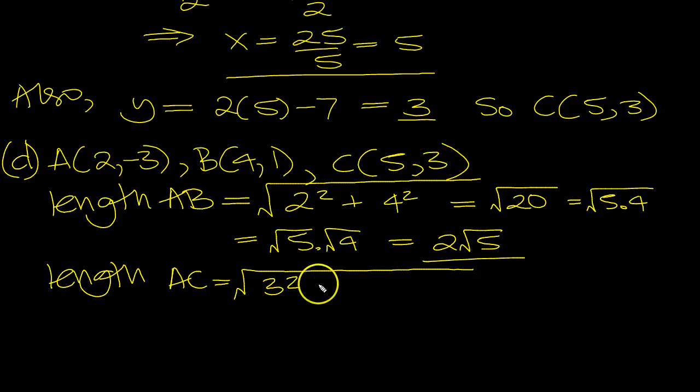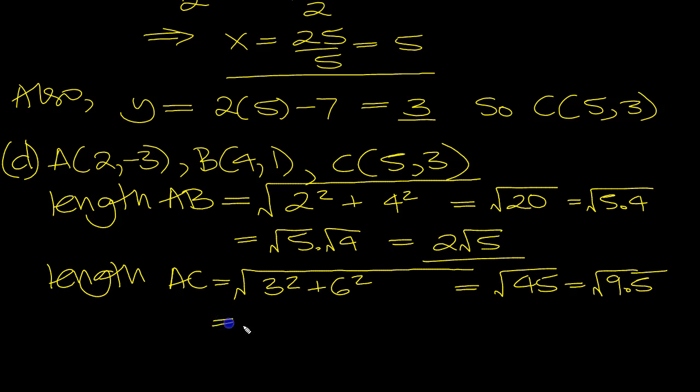Minus 3 to 3 is a difference of 6, so that's 6 squared. 36 and 9 is 45. So it's the square root of 45, which is the square root of 9 times 5, which is the square root of 9 times the square root of 5. 3 root 5.